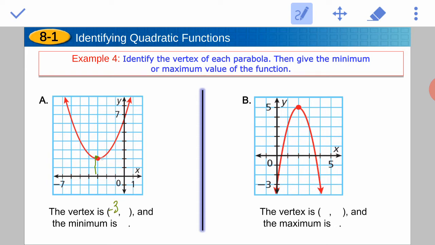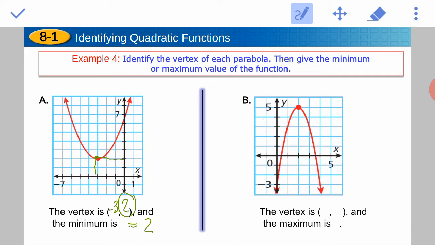And the y-coordinate is 2 units above the x-axis, so it's negative 3 and 2. Is it minimum y value or maximum y value? We're looking for this value, guys, the 2. It's minimum. Why? Because the parabola opens upward, and this vertex is the minimum point, the least point, so it's minimum 2.